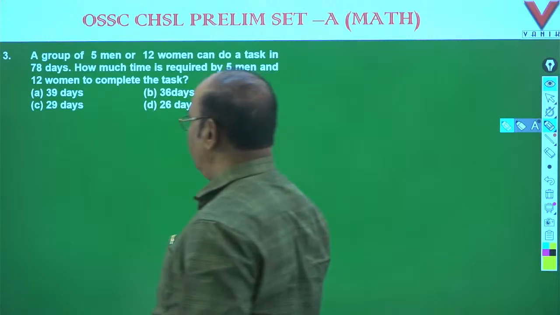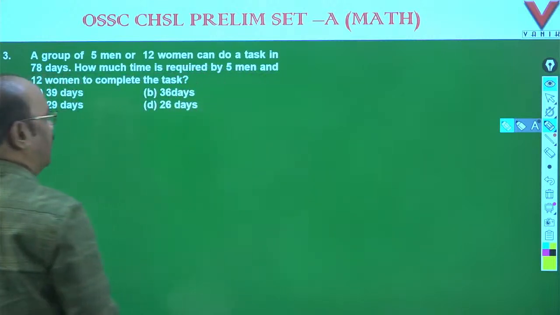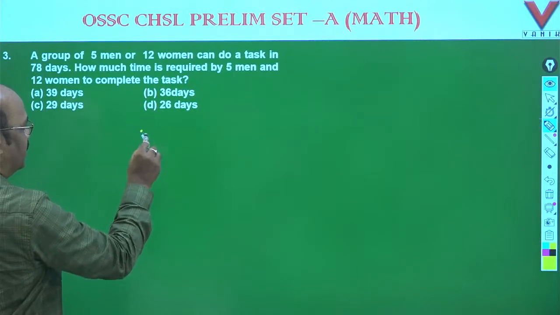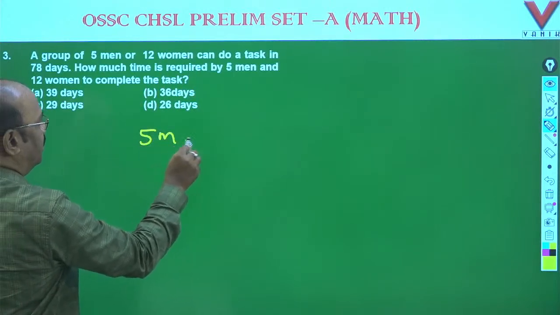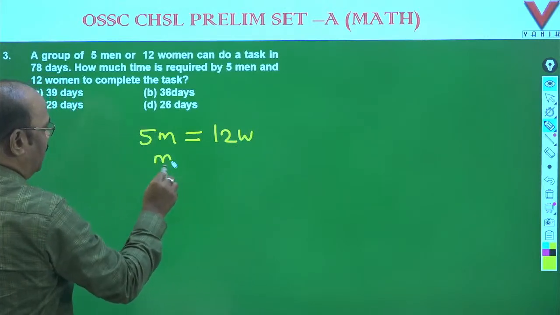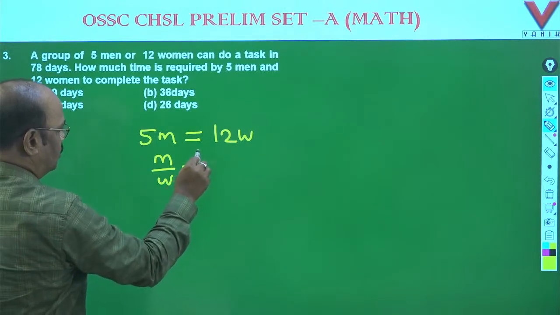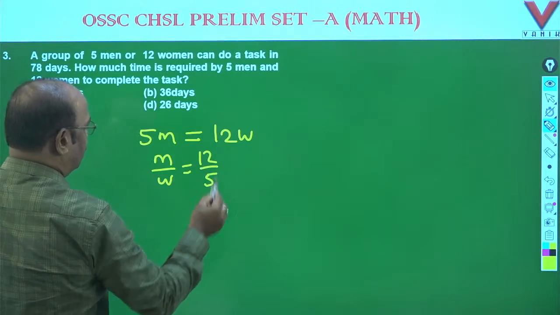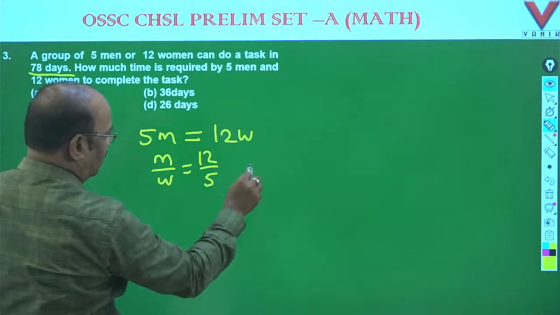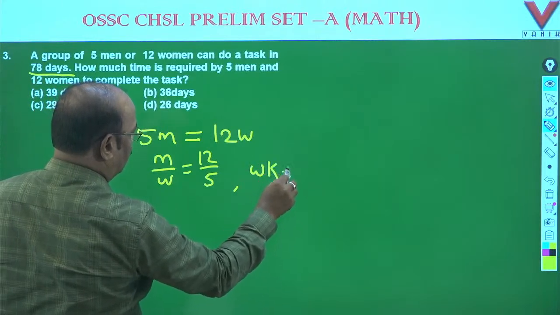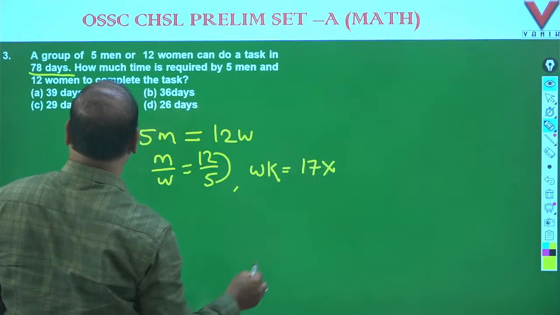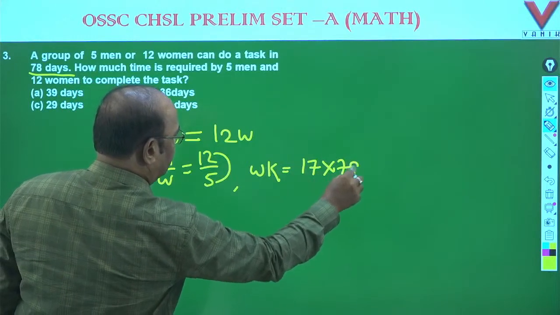A group of 5 men or 12 women can do a task in 78 days. Their efficiency is equal, so 5 men equal 12 women. So the men by women ratio becomes 12 by 5. Together they can take 78 days. So the amount of work is 12 plus 5, 17. So 17 into 78.